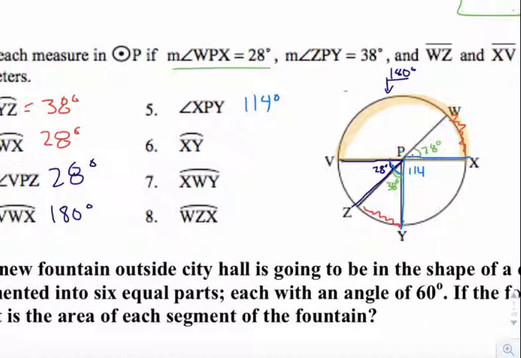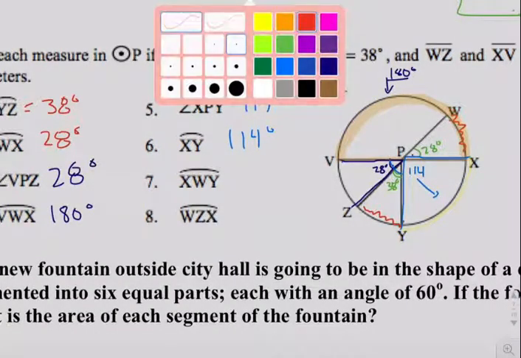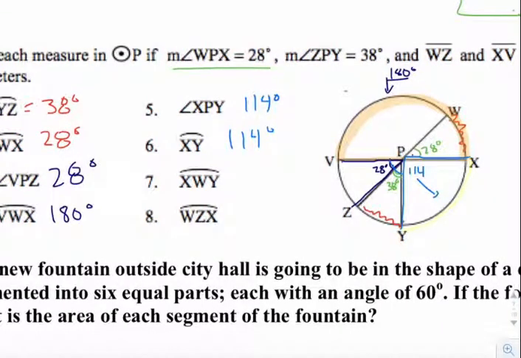Now we're going to an arc. We have XY as an arc. Based on our last answer, if that angle is 114, its arc should be 114 as well. Now we have another arc. We have the arc that starts at X, goes through W, and ends up at Y, which is basically the rest of the circle that isn't the yellow one.